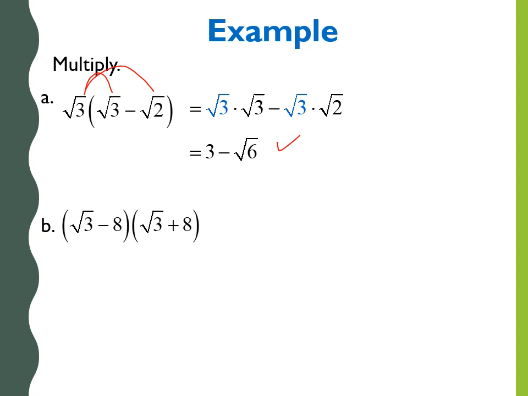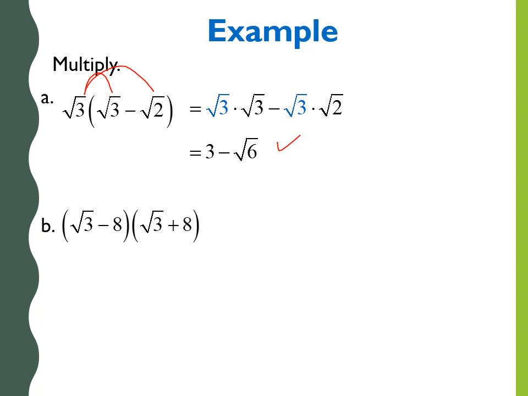Alright, what happens when I go from multiplying a monomial, well, to multiplying two binomials with radicals in them? And I'm like, oh mom, what am I going to do? Well, we're going to use FOIL.